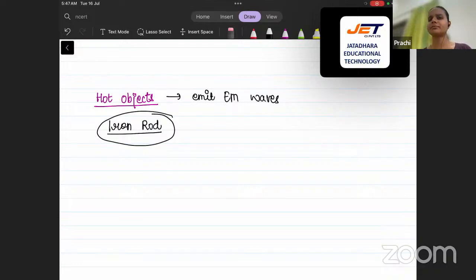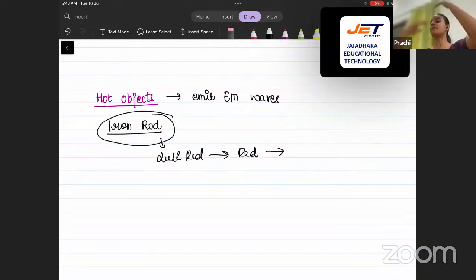When we are heating an iron rod, first it becomes dull red, then the color intensifies and it becomes more red. Then as I gradually increase the temperature, it becomes white, and finally if I increase the temperature more, it appears blue.